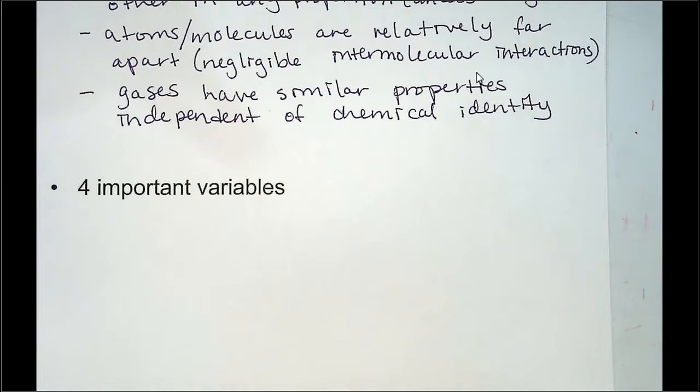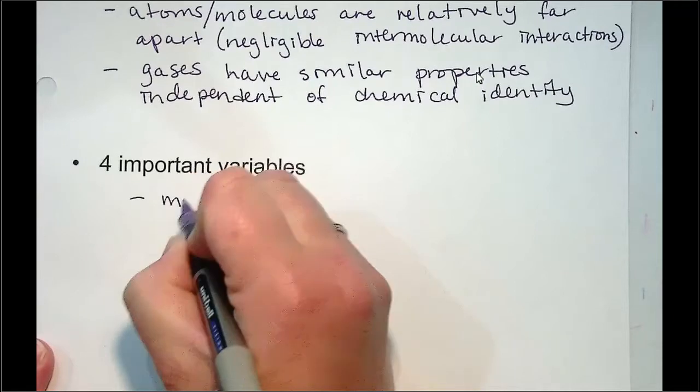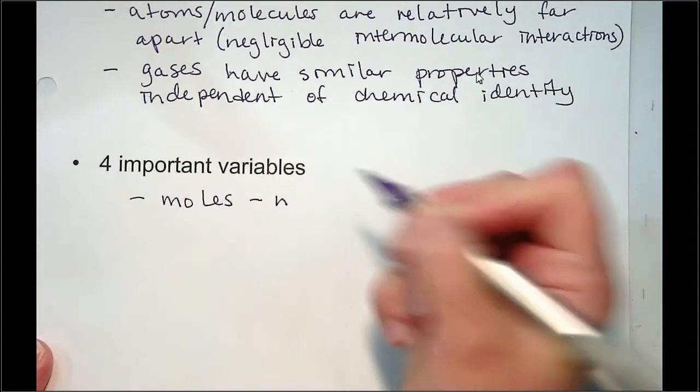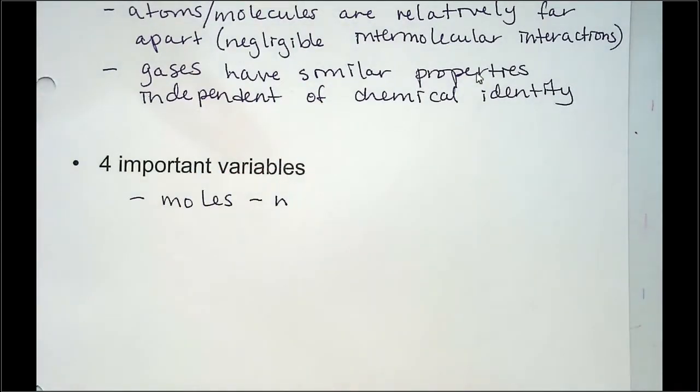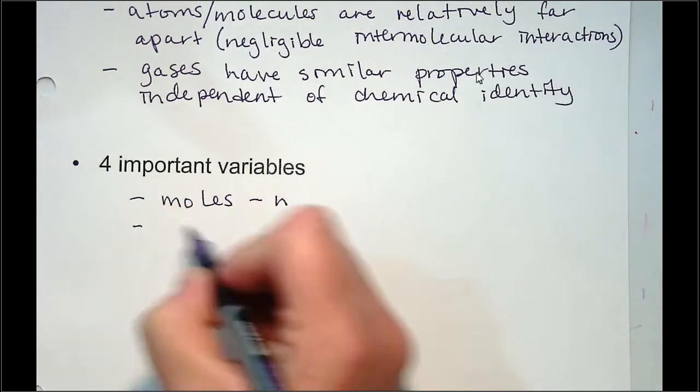Okay, so the unit thing is super important for gases, and we have 4 units or variables that we're going to be interested in. One of them is moles, which we use the variable N. This tells us how much of the gas we have. Grams is going to always be a really small value, so moles is an easier quantity to use to be able to correlate different qualities about the gas.